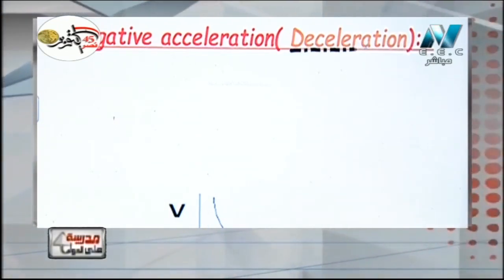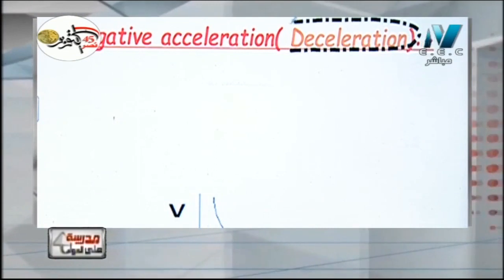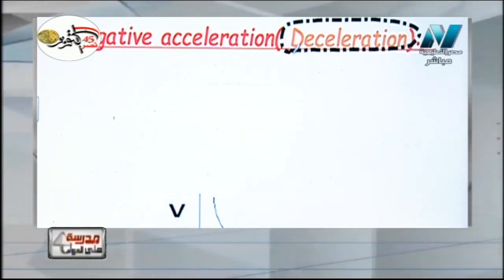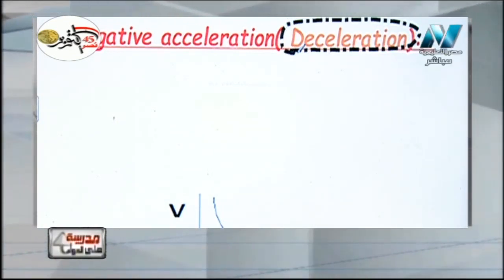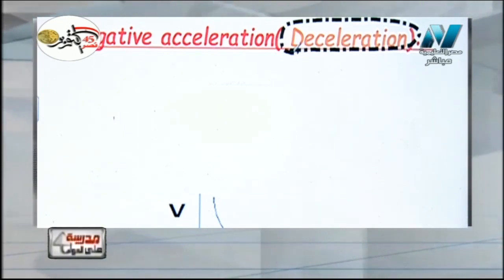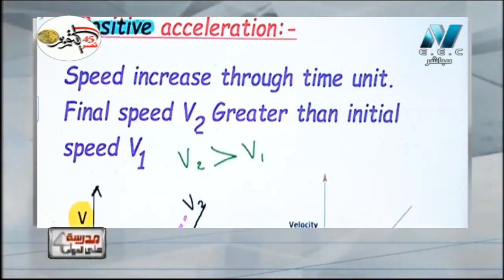And at the same time we have negative acceleration, or deceleration, or decreasing acceleration. We can write decreasing acceleration, or deceleration, or negative as the opposite, pay attention here, of positive.